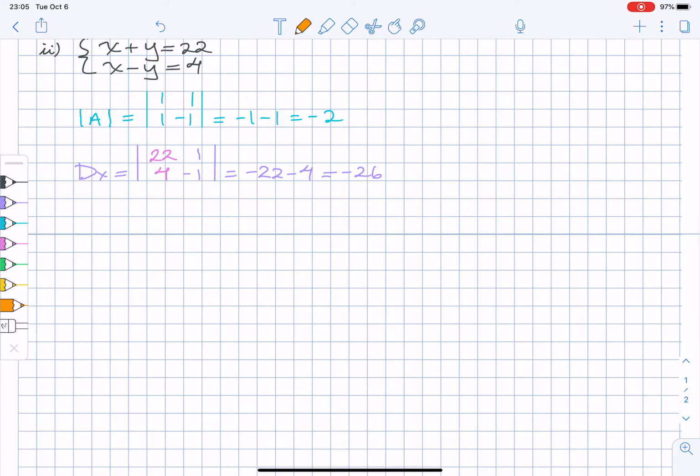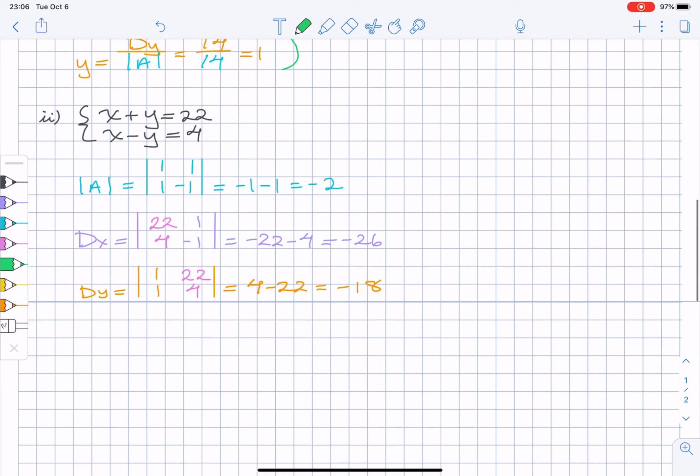And I claim that capital D sub y is going to now keep the x column the same, 1 and 1, and change out the y column for 22 and 4, the constant coefficients. So it's a determinant. It has straight up and down lines. Remember, straight up and down lines versus bracketed lines. So this is going to be 4 minus 22, which is negative 18.